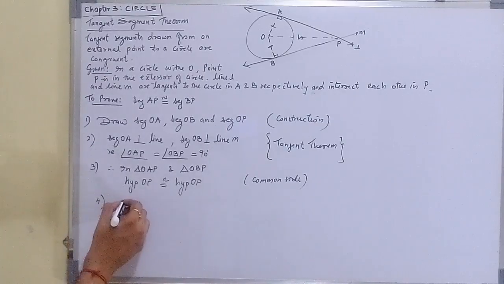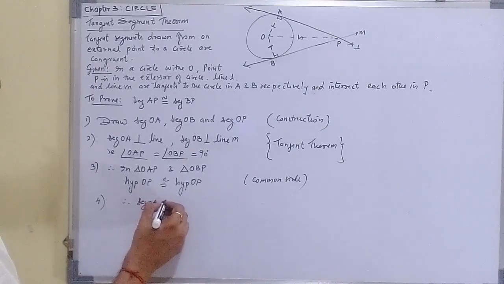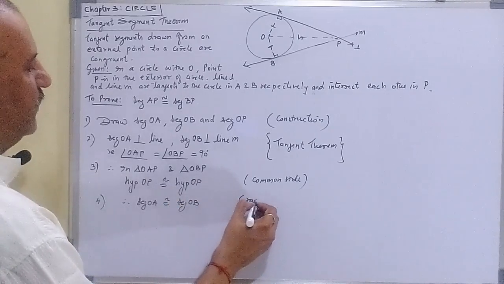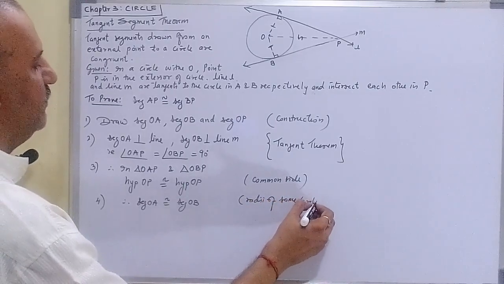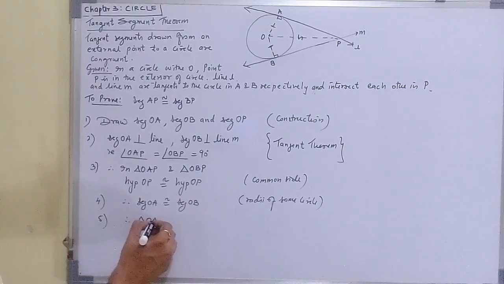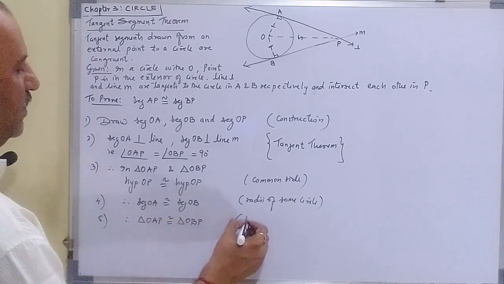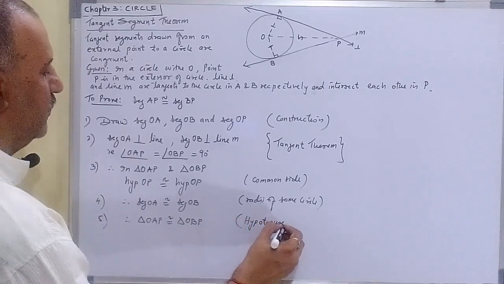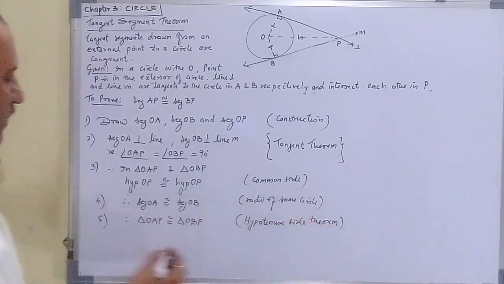Statement number 4, therefore seg OA congruent seg OB, radii of the same circle. Statement number 5, therefore triangle OAP congruent triangle OBP, hypotenuse side theorem.